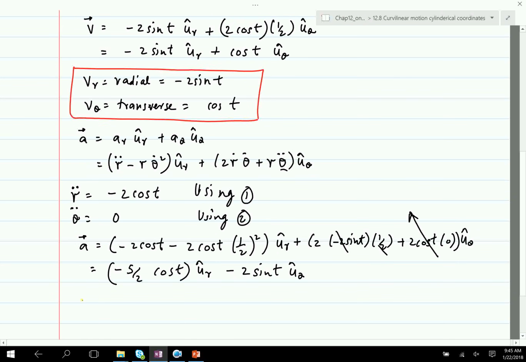Okay, so Ar, the radial component, is the first term, minus 5 divided by 2 cosine t, and A theta, the transverse component, is minus 2 sine of t.